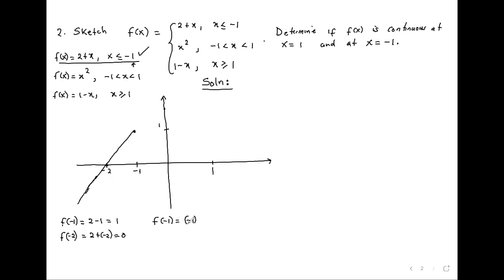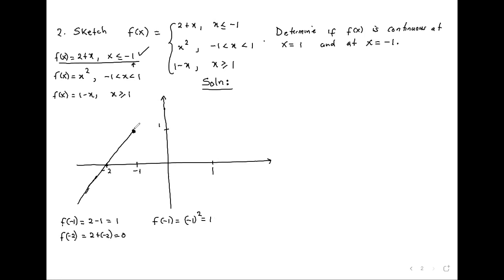You get -1 squared, which is 1. So this one is supposed to be open here, but because -1 with the top function is closed, we'll just start from there and not do anything to it. We can't open what another function has closed.